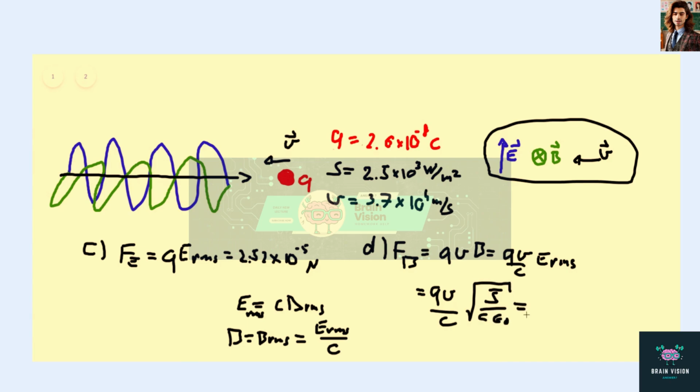And the force works out to be 3.11 times 10 to the minus 9 newtons. So these are the solutions to part C and part D.